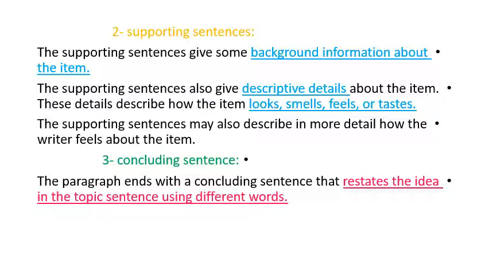And at the end, you should conclude the descriptive paragraph by using a concluding sentence. What is a concluding sentence? Every paragraph should have a concluding sentence. The paragraph ends with a concluding sentence that restates the idea in the topic sentence using different words.